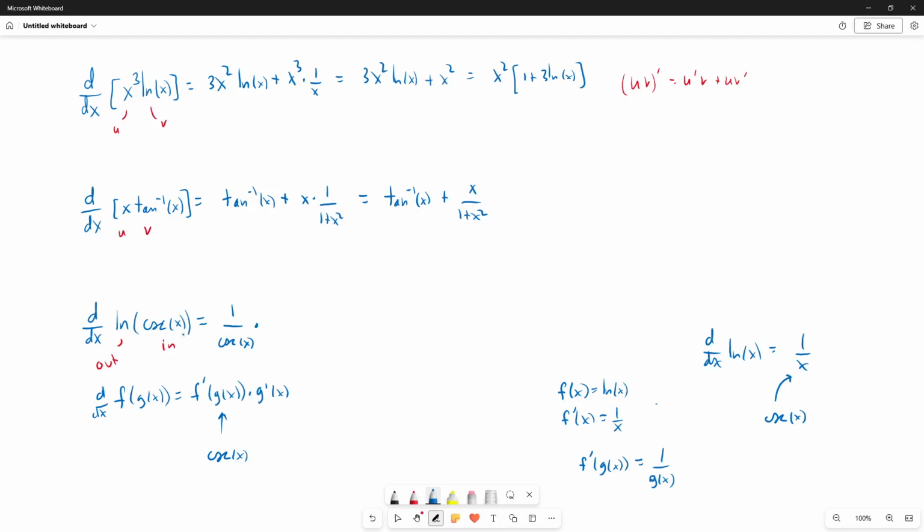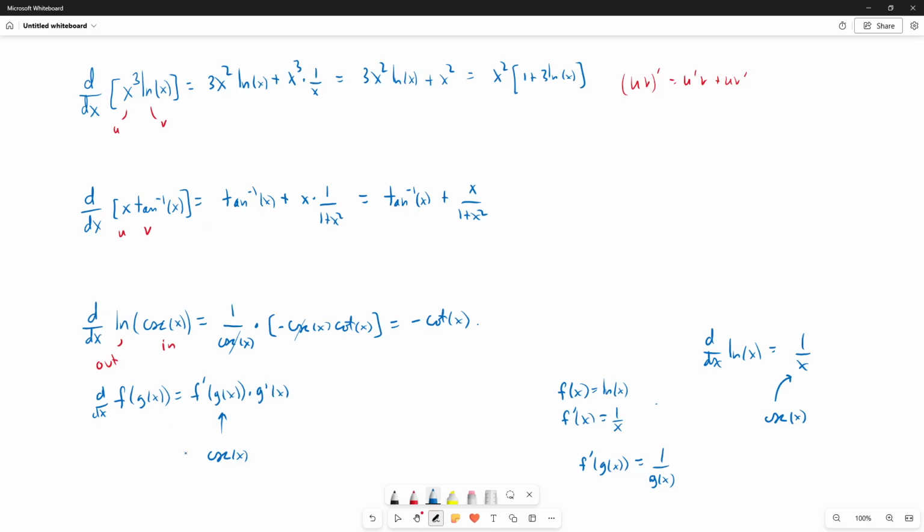And then times the derivative of the cosecant, which is negative cosecant of x times cotangent of x. And then the cosecants cancel. Cosecant divided by cosecant is 1, and we're left with a final answer of negative cotangent of x.